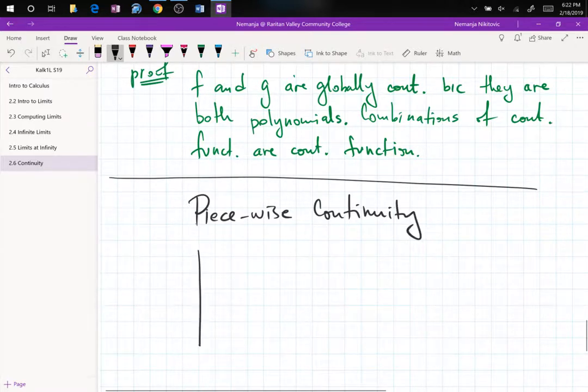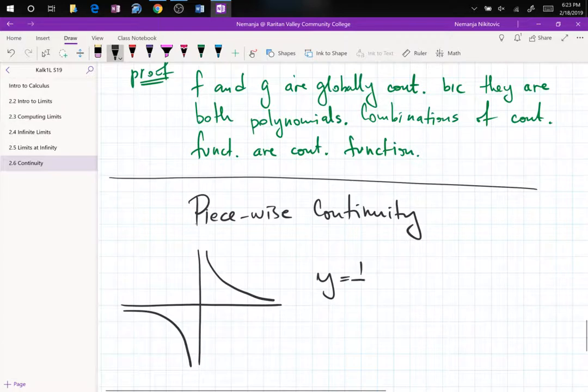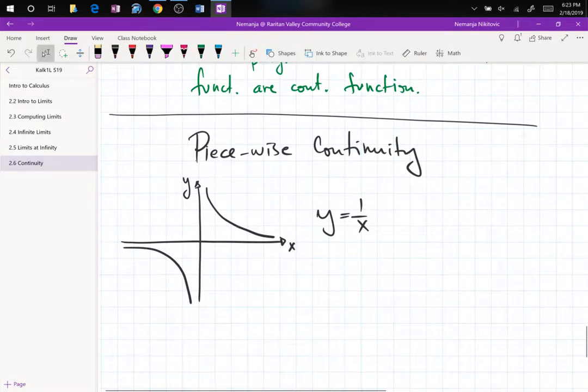And one of my favorites over here would be 1 over x, obviously. So y equals 1 over x. We immediately know that it's not continuous, right? So we write that in blood.